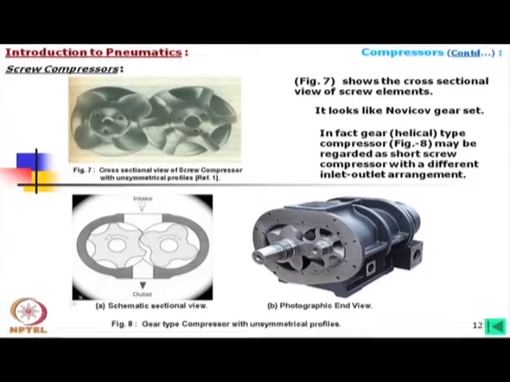As well, you will find that inlet outlet is like that, but this is also of different profile, as you can see. You can compare this, but remember this one is the gear type, or sometimes it is called lobe type, whereas this is the cross section of the screw type compressor.